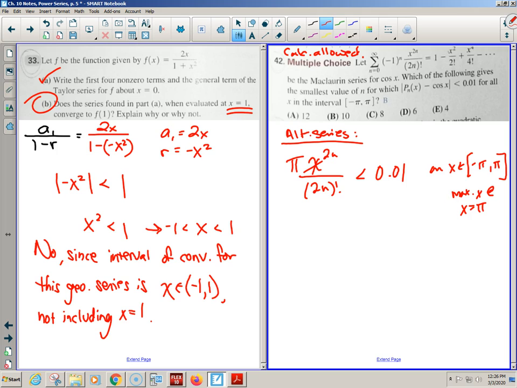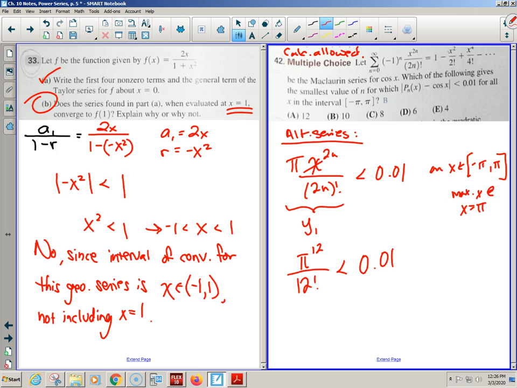Then I plugged this into my y1, and I went looking in my table at things like 2 and 4 and 6 and 8. Here's what I figured out: pi to the 12th, all over 12 factorial, is the first time that it was less than 0.01.